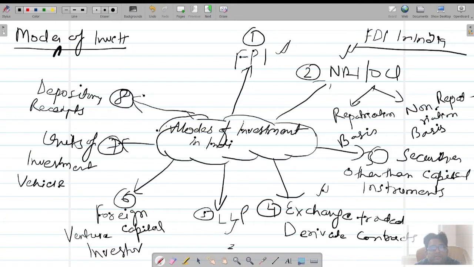Then LLP, and the sixth is foreign venture capital investor, how they can invest, and units of investment vehicle, and another is depository receipts. For each of the eight modes of investment we are going to discuss in detail, so we are going to start.